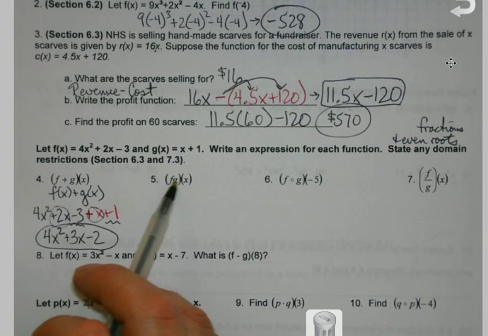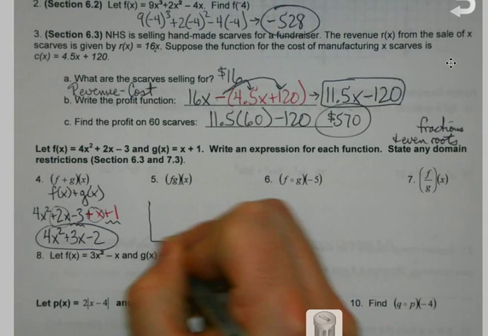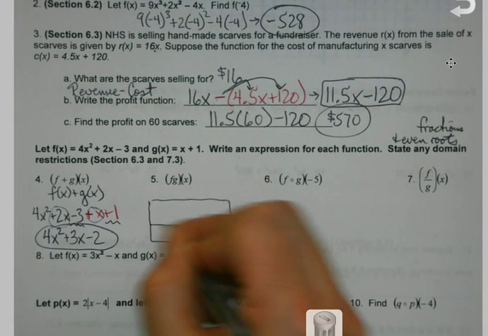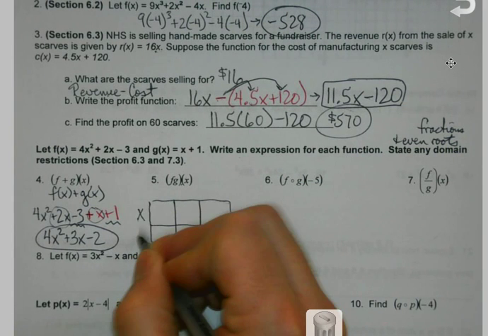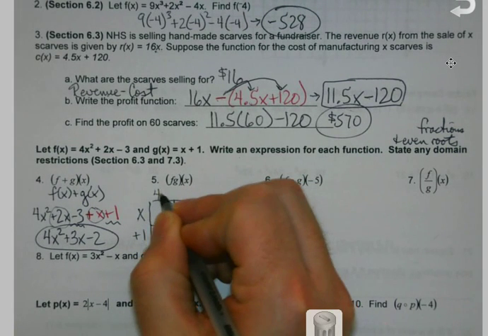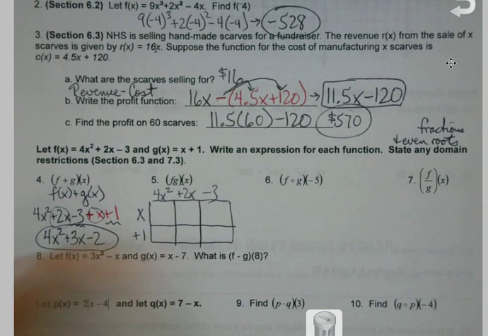Okay. F times g of x. I'm going to multiply these. A lot of you on the organizational front have decided to go this way, which is absolutely fine. If some of you are still more comfortable just distributing it through, that's okay too. Here, once I get it set, I'm multiplying to fill in the box.